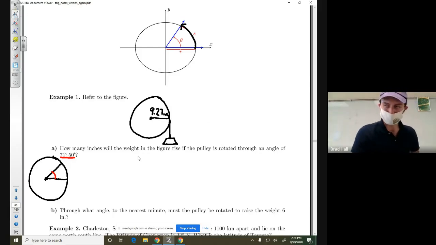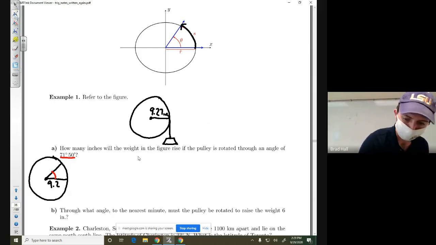We know that the distance from the center of the wheel to the edge of the wheel itself is still 9.27.